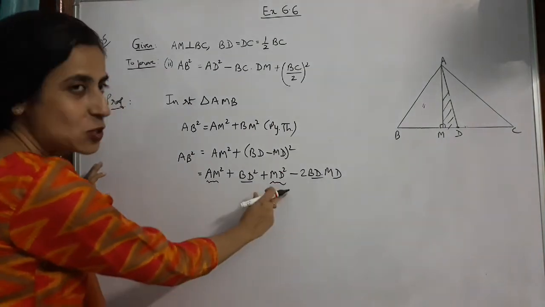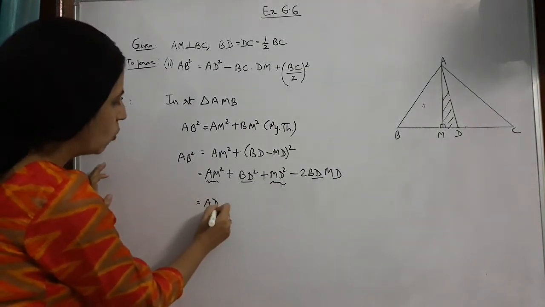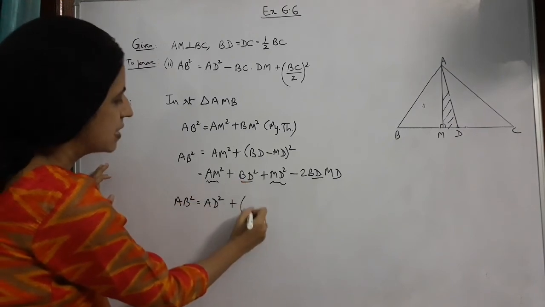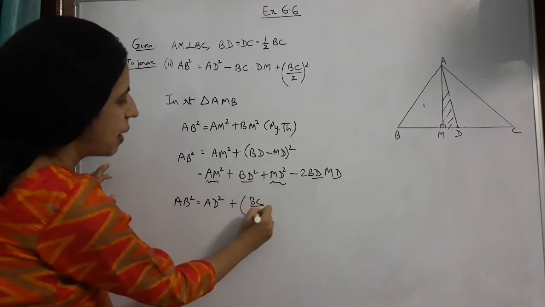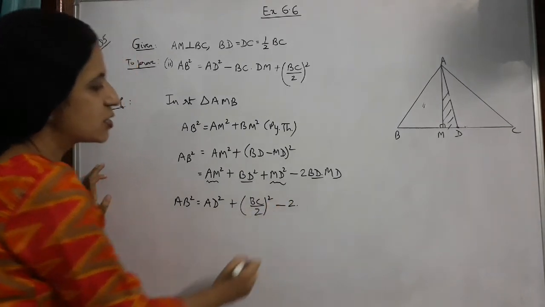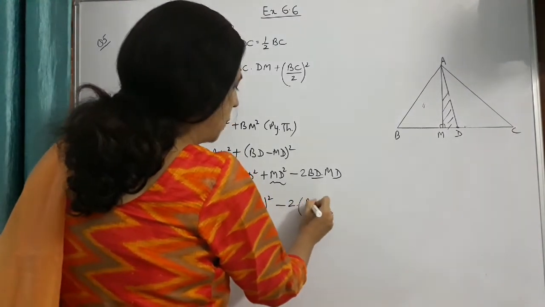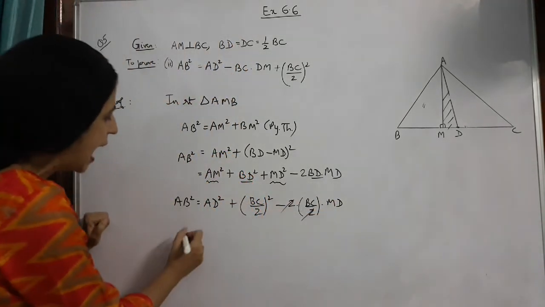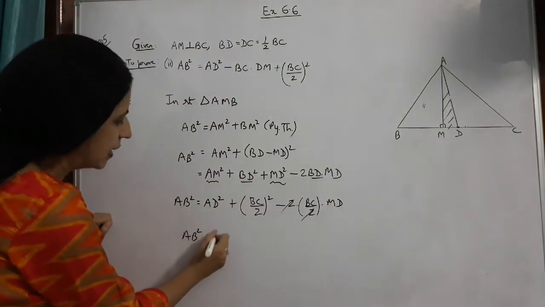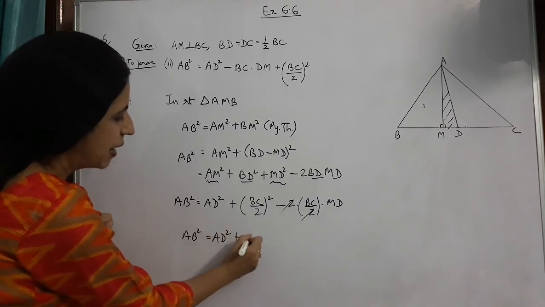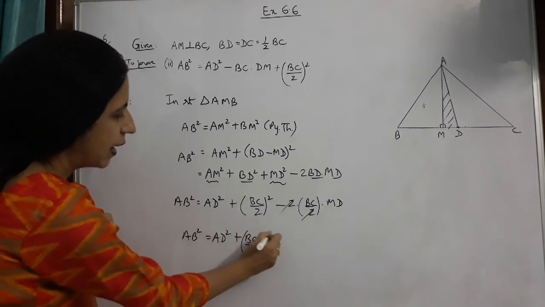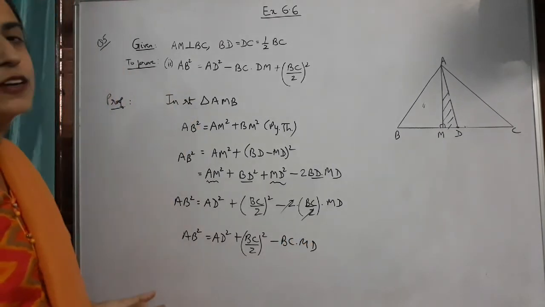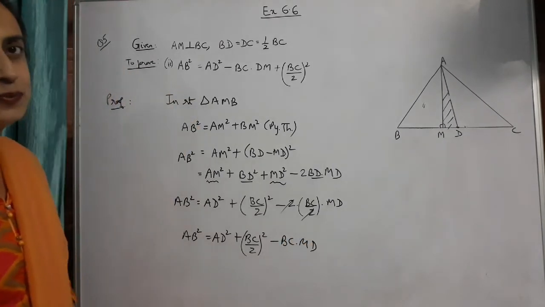So we write it as AD square plus BC by 2 whole square minus 2 into BC by 2 into MD. 2 and 2 get cancelled and we obtain AB square is equal to AD square plus BC by 2 whole square minus BC into MD. And this is what we had to prove in the second part.